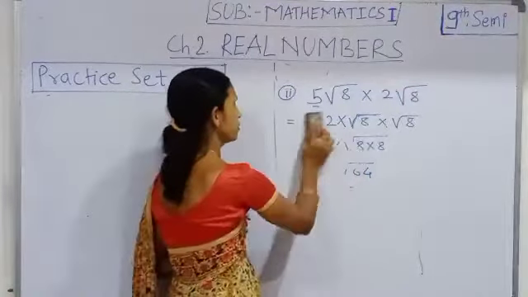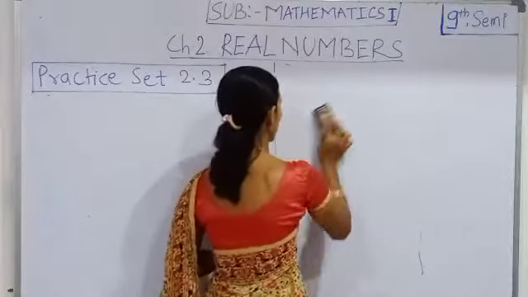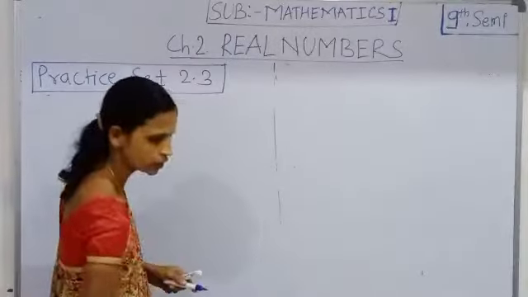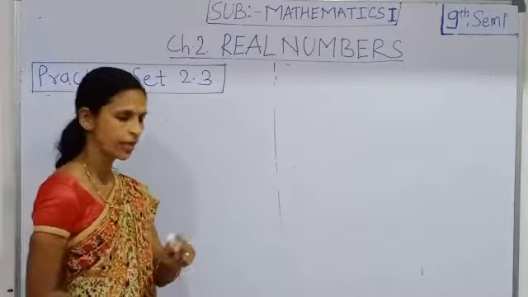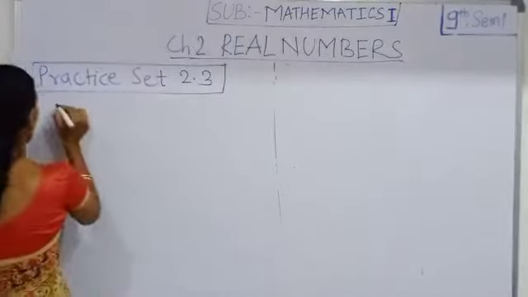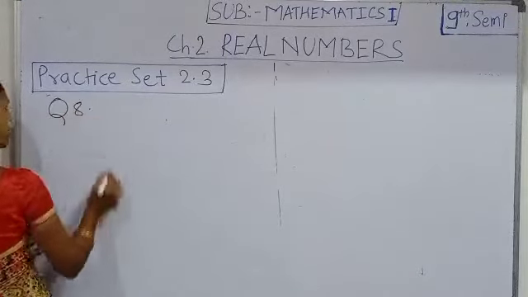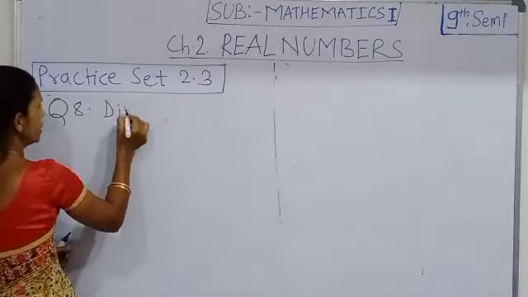And there are a few more examples given in question number 7 in practice set 2.3. You should solve those examples in your textbook. Then in question number 8, the examples depend upon division of surds.